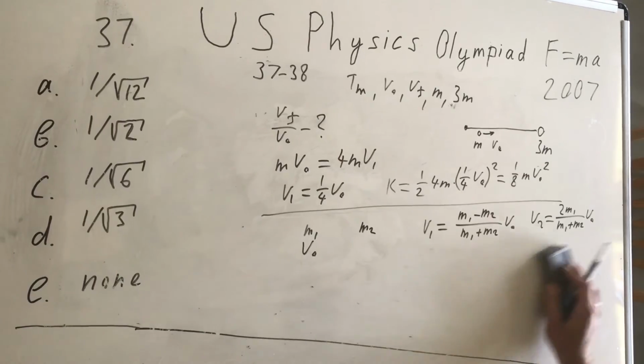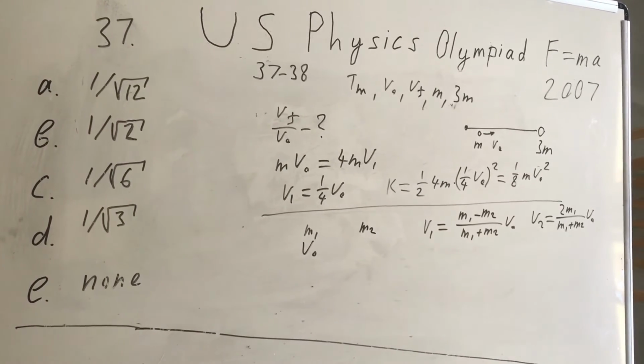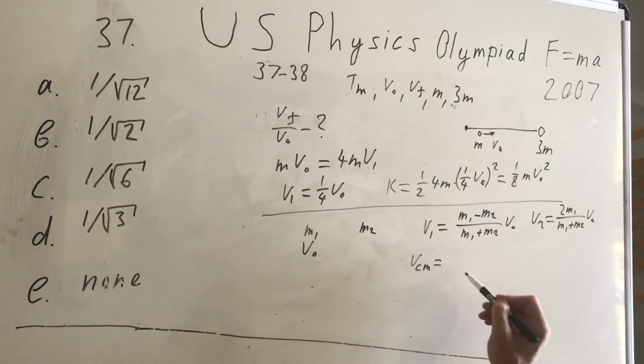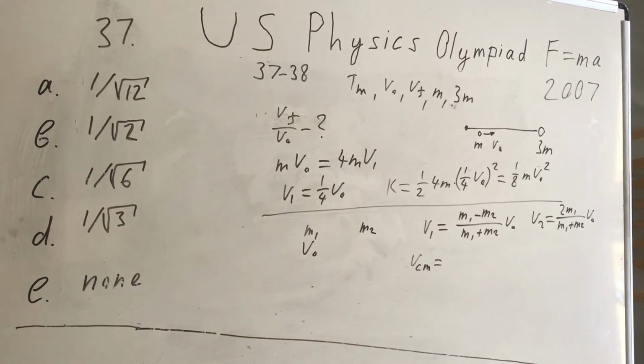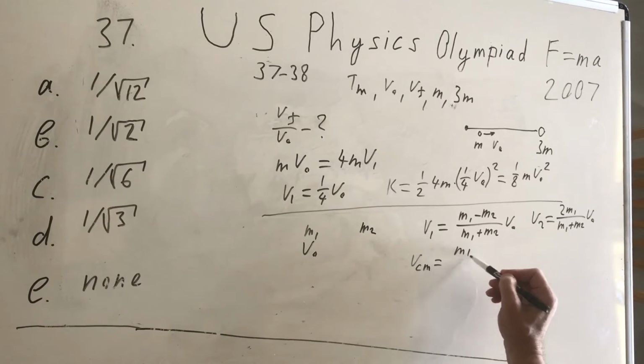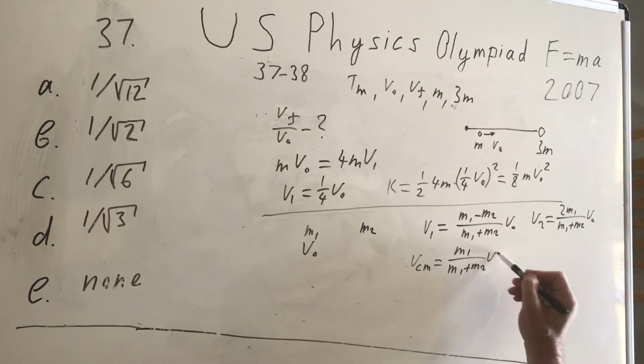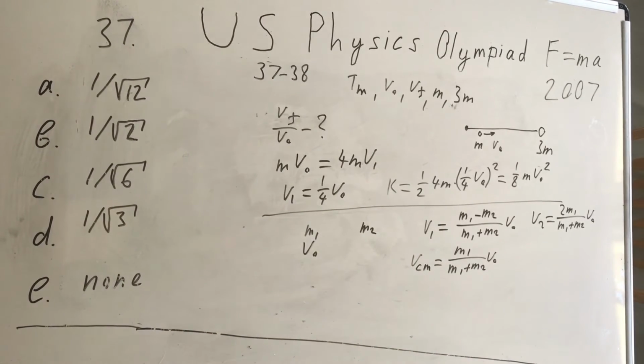The velocity of this frame of reference, v center of mass, using momentum conservation, will be m1 over (m1 plus m2) times v0. In this system, the second mass is moving to the left with this same velocity, but after collision it will change direction and go to the right with the same velocity.